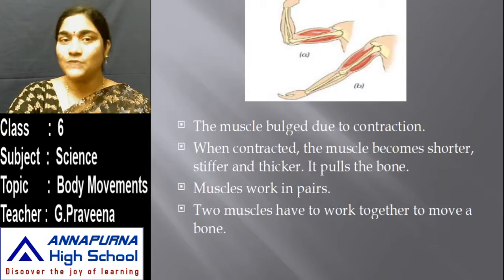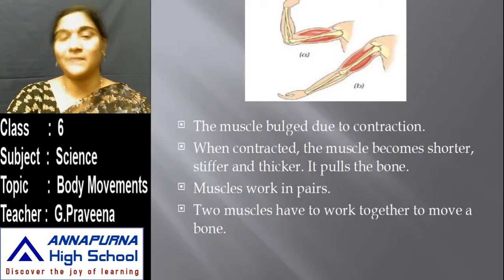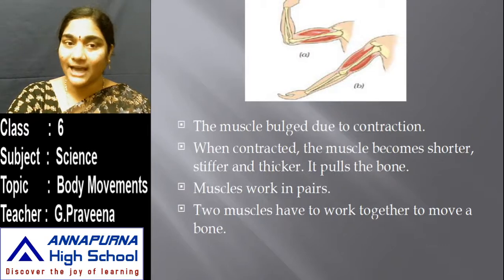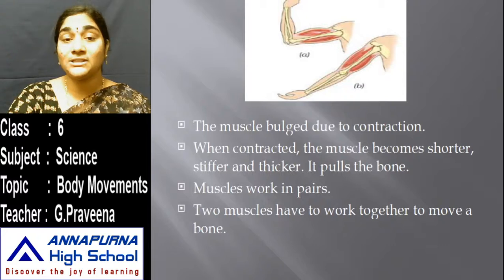This swollen part is nothing but the muscle. The muscle bulged due to contraction. When contracted, the muscle becomes shorter, stiffer and thicker, and it pulls the bone. And muscles can only pull the bone, they can't push the bone.